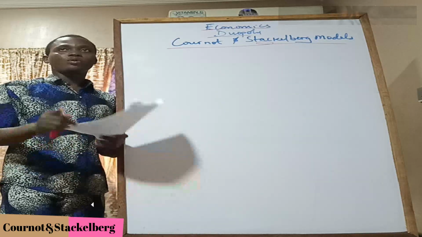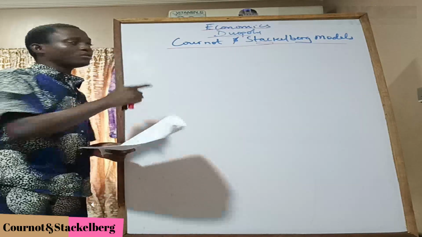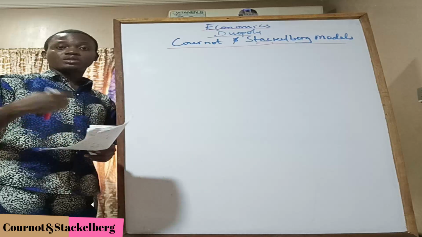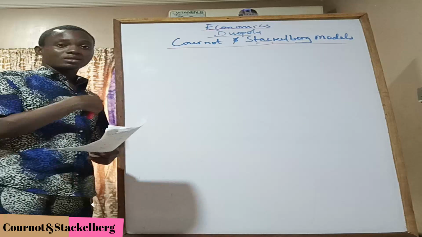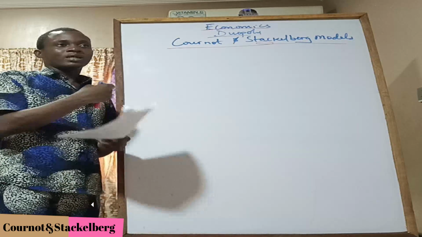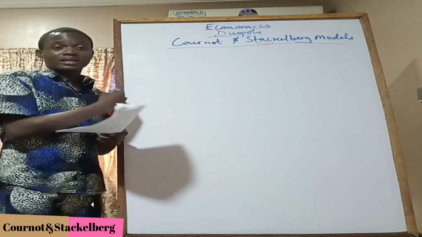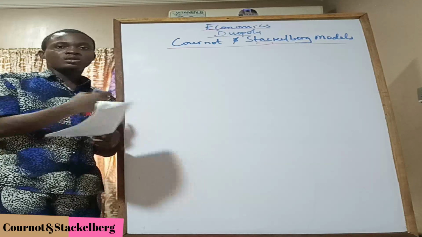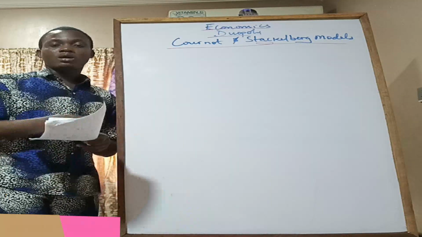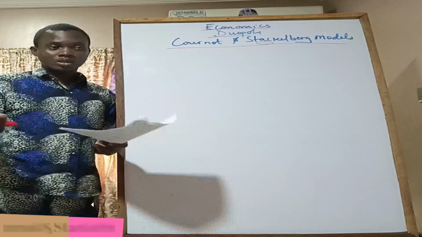The other one, the Stackelberg model, is also called the sequential quantity setting model. Both are all about quantity setting, so the competition is not in price. The price is the same for both firms, but the competition is in the outputs produced or sold.